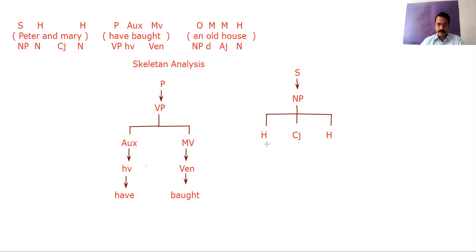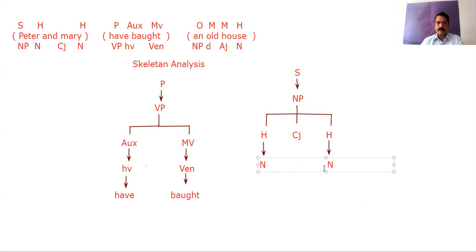Arrows. Conjunction we have to write at the bottom. Both the heads are nouns, no? So here it is noun, and here also it is noun.